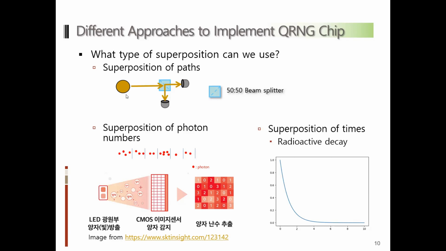In the previous explanation, I assumed that the polarization of this photon is tilted by 45 degrees, and then either horizontal or vertical polarization will be split by this polarization beam splitter. However, we can also use something called a 50-50 beam splitter.